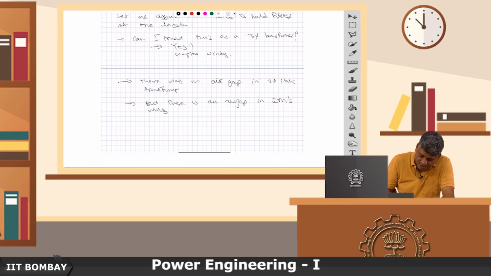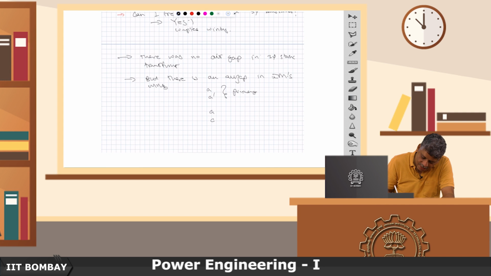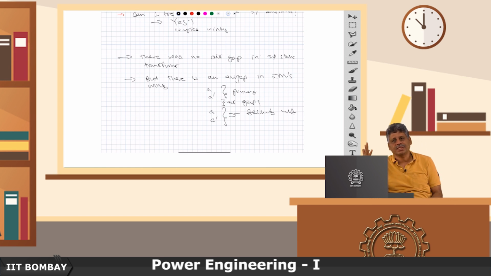windings. That means, if I have A dash of the primary winding and I have A dash of the secondary winding, there is an intervening air gap, which was absent altogether in the static 3-phase transformer.